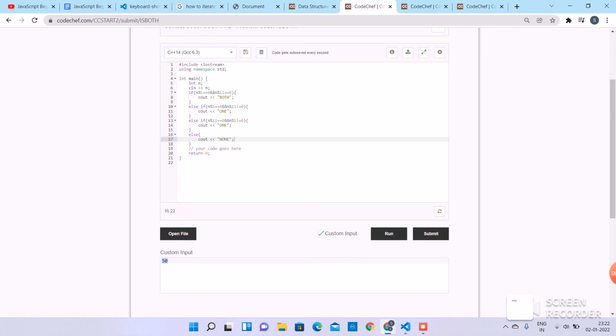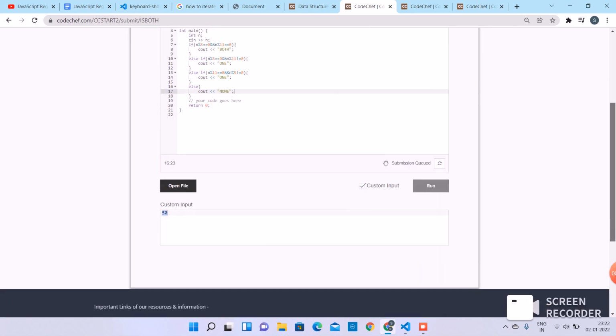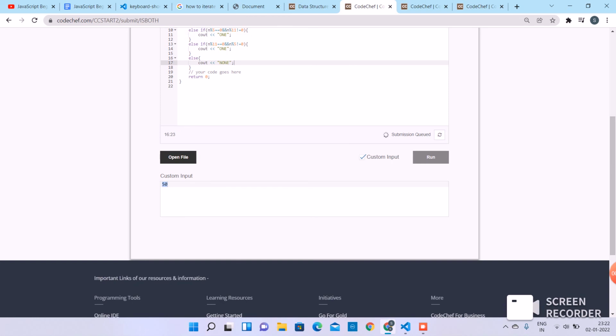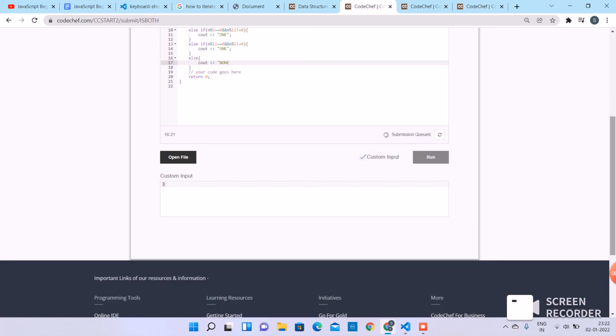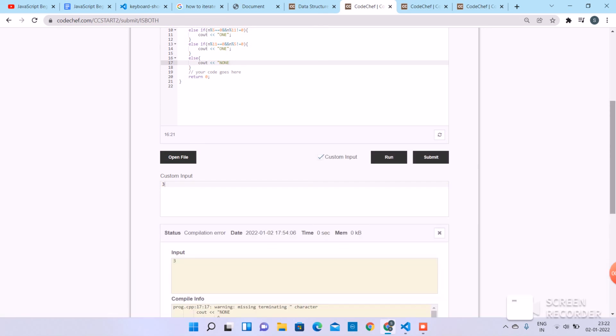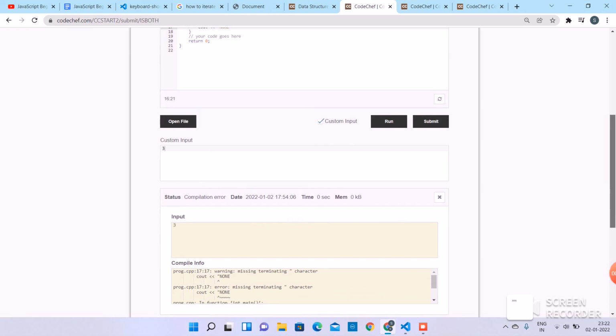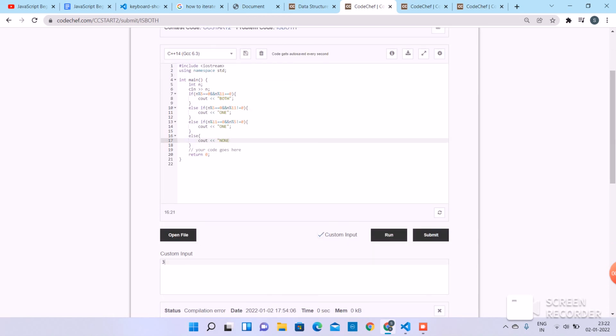So let's say our input is 50, so the output should be 1. If the input is 3, our output should be none. I have missed this sign here.